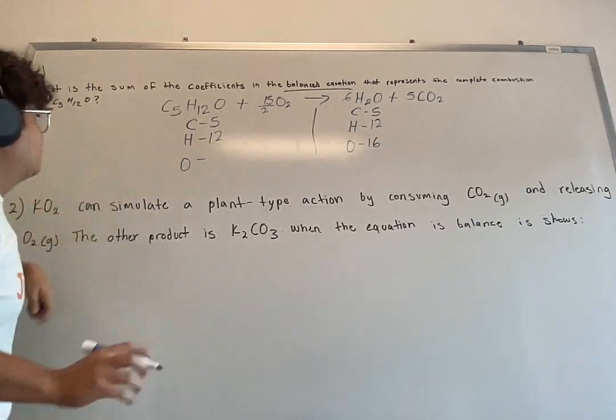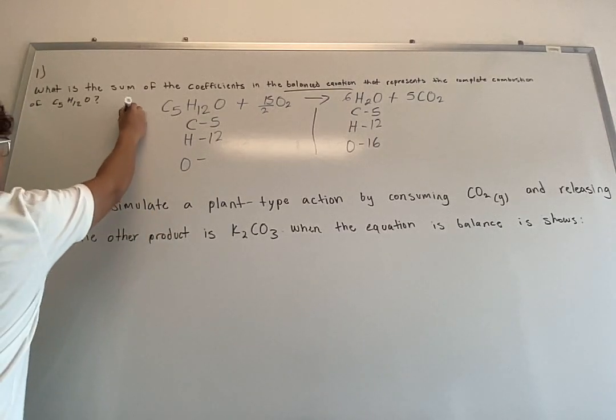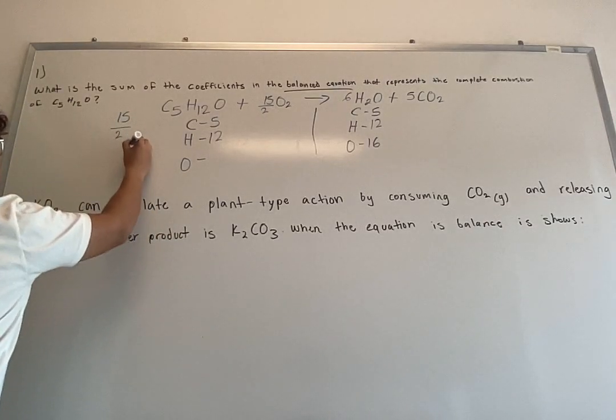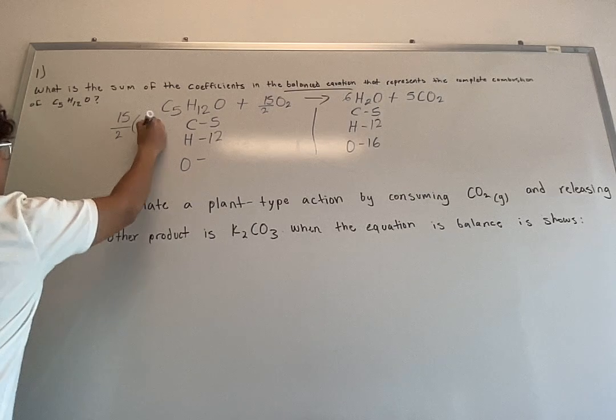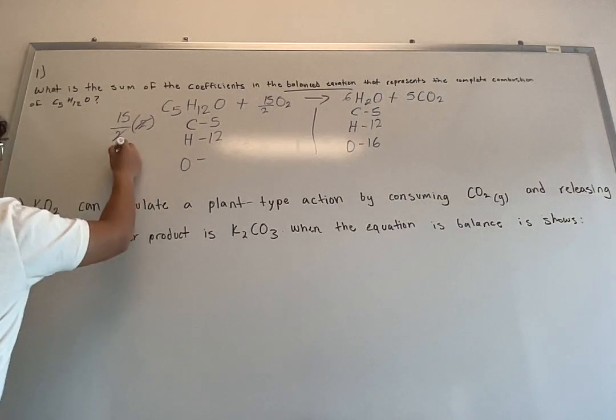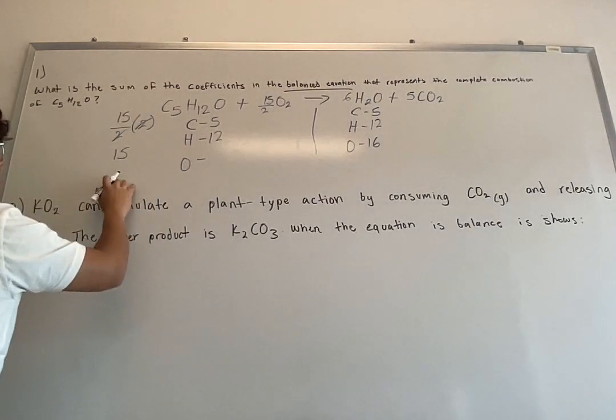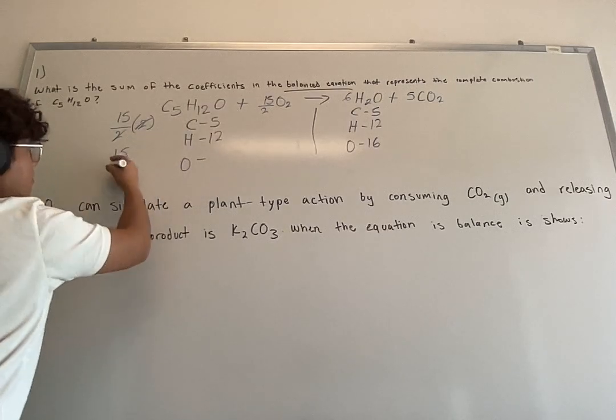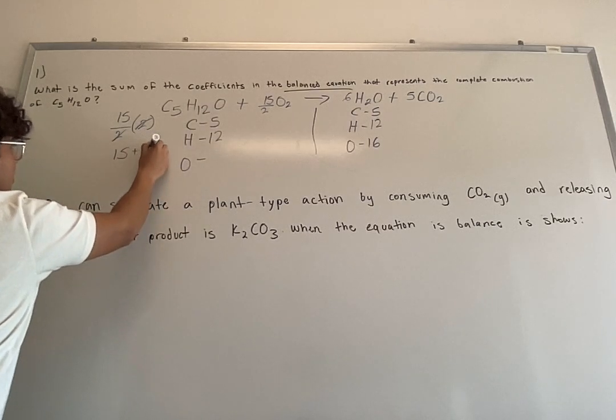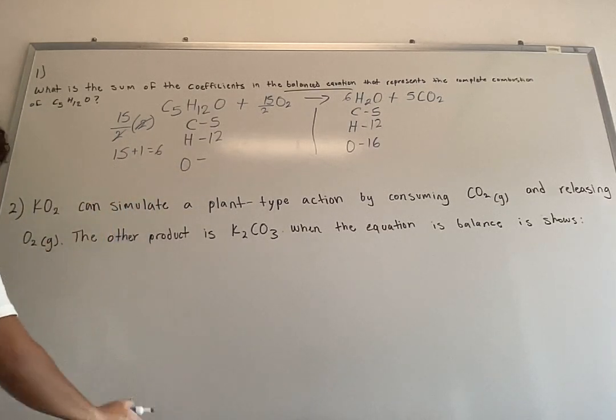Because if we do a little math right here, 15 over 2 times 2, well, these guys cancel out. You got 15 plus the 1 oxygen here, you got 16 oxygens.